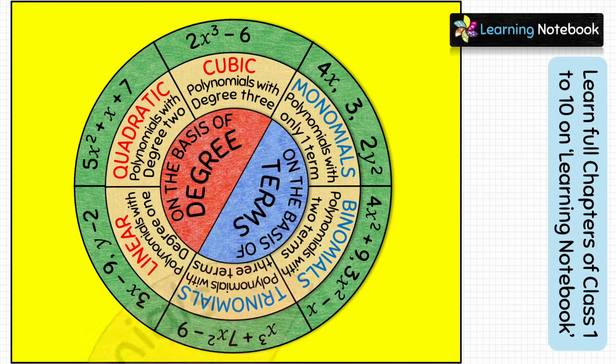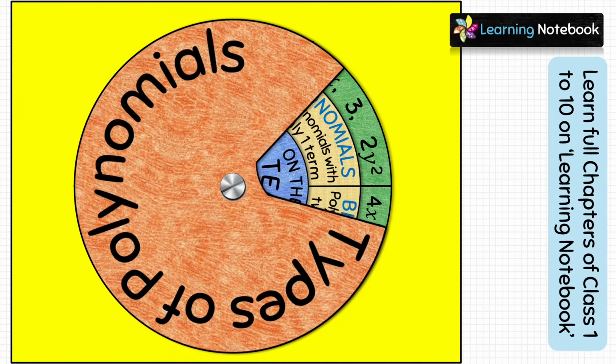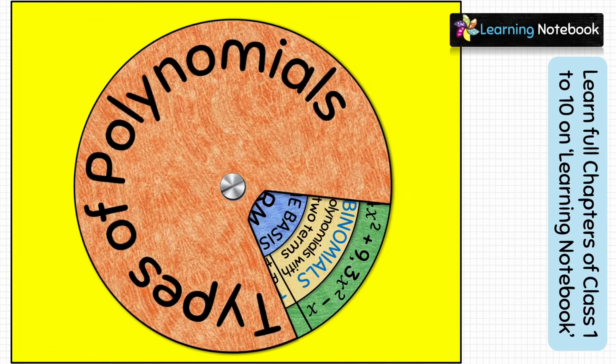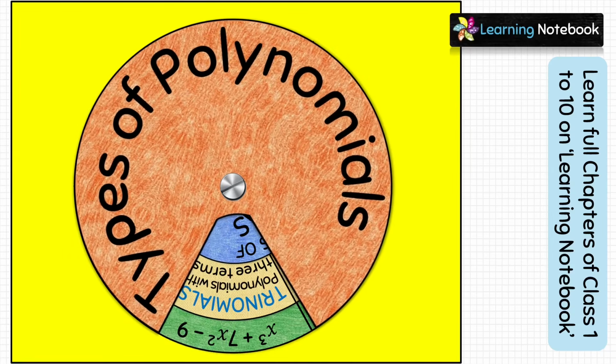And on the top of all these circles, we will place the orange circle. Now students, locate the centers of these circles and align them. Then fix all of them on the cardboard using nut and bolt. You should be able to rotate these circles as shown here.